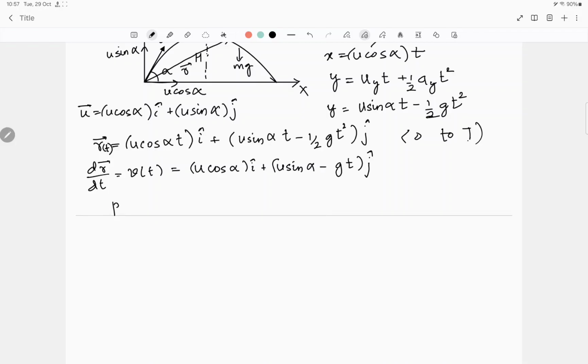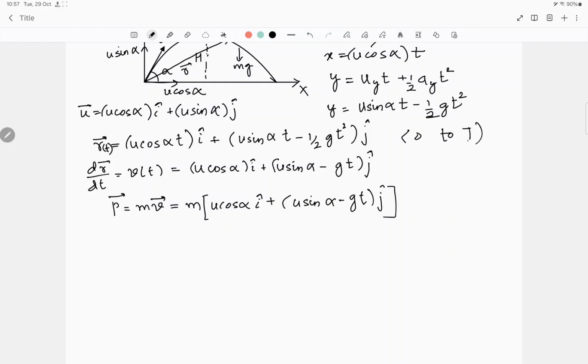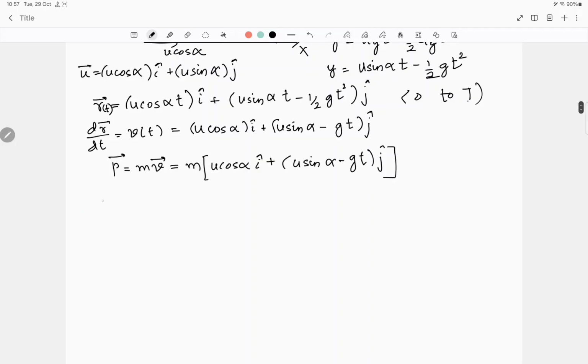P is equal to m into v, which implies m into u cos alpha i cap plus u sin alpha minus gt into j cap. So angular momentum is defined as r cross p.